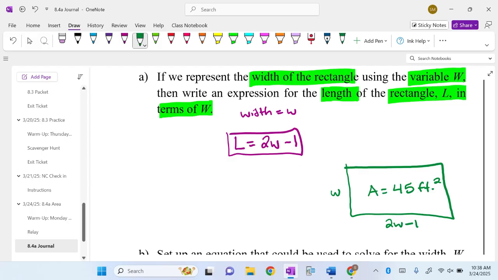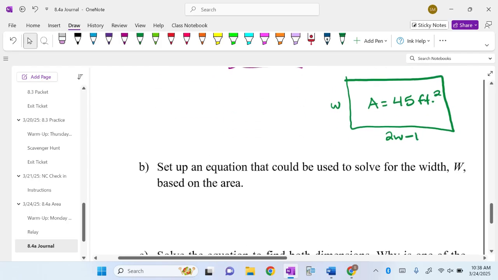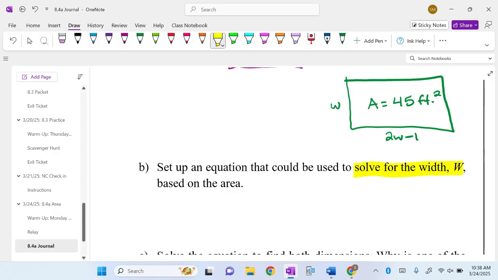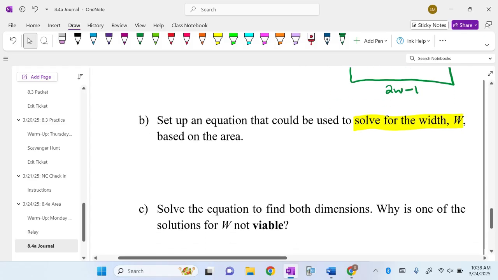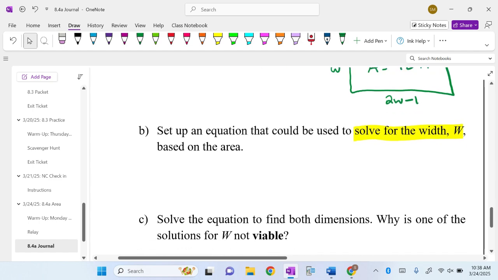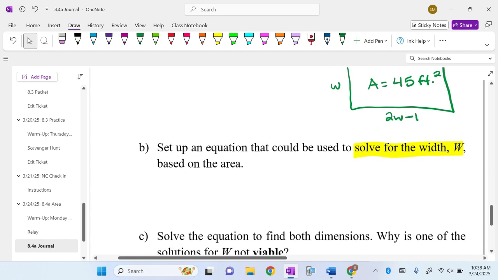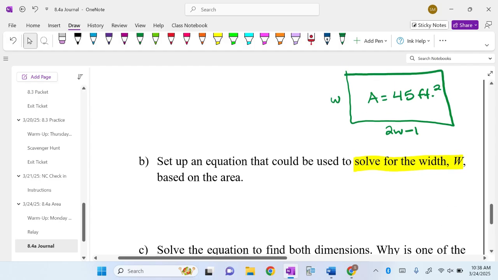So there's my quick picture. Now I can use that to set up an equation to find the width. So right now we're finding the width. So we're not solving for length just yet. We're just finding the width. So let's set up that equation. So how would I set it up? Very similar to what we just did in the last one.